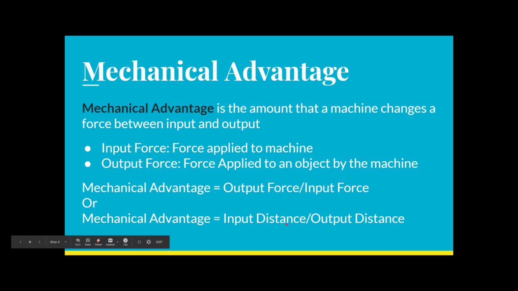Now notice here though, the inputs and outputs switch when we look at the distances. They flip over. So that should tell you something about the connection between forces and distances on the input and output. So go ahead and pause if you need time to write down what's on this slide. If you're ready, we're going to go ahead and move on.